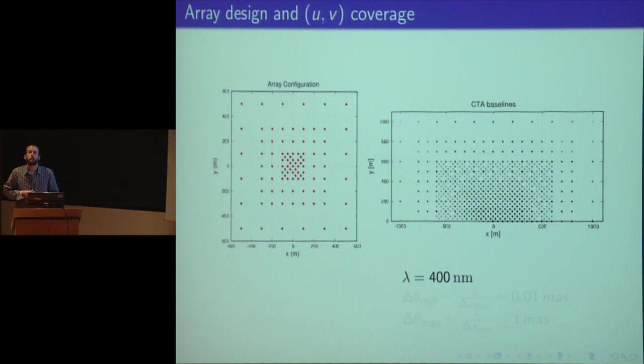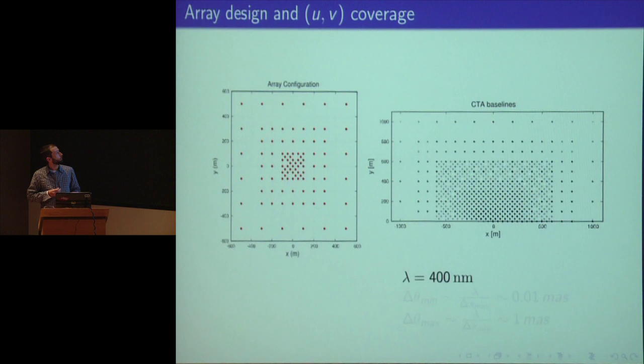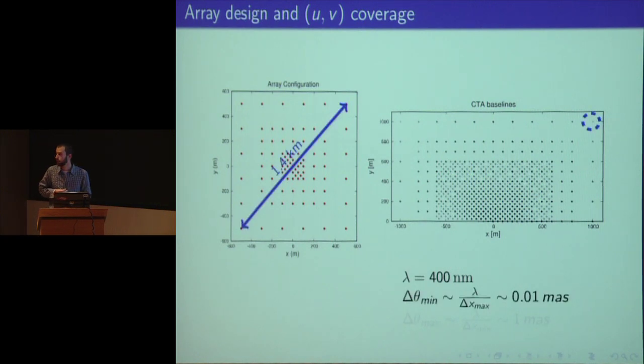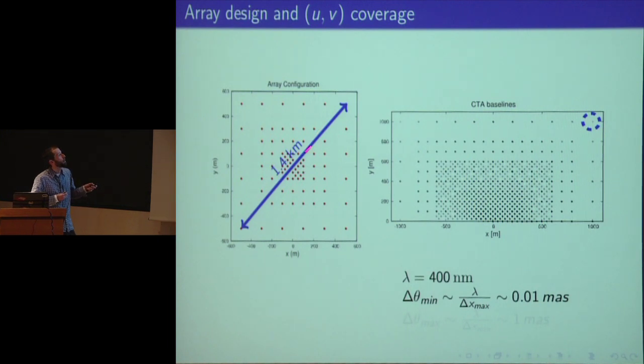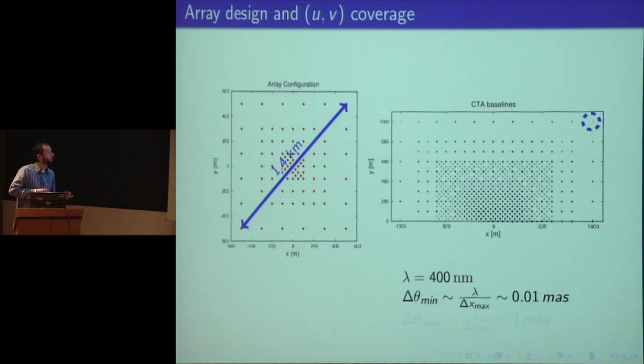I looked at what it would be capable of doing. So the longest baselines of the CTA array can be seen here, 1.4 kilometers. Here I show it in my baseline plot.